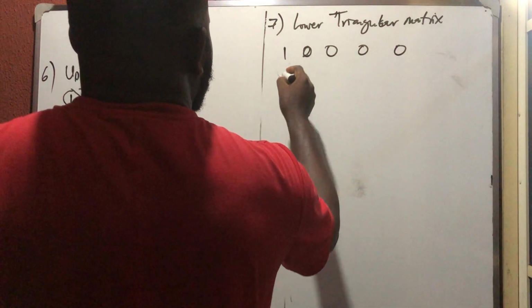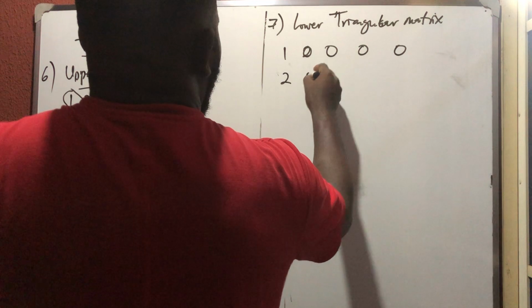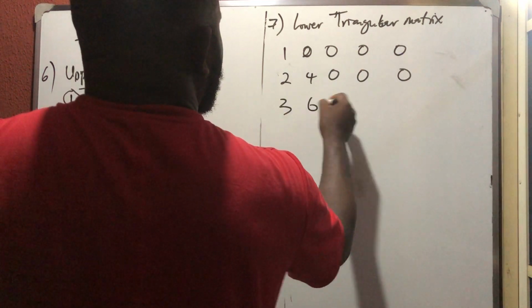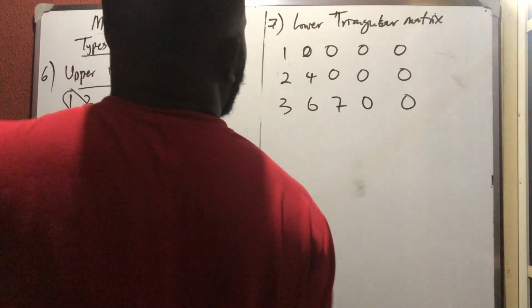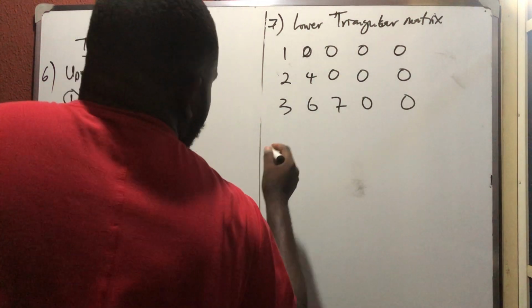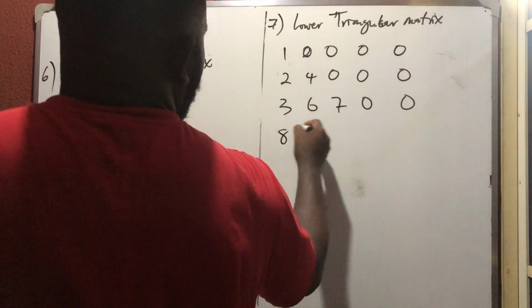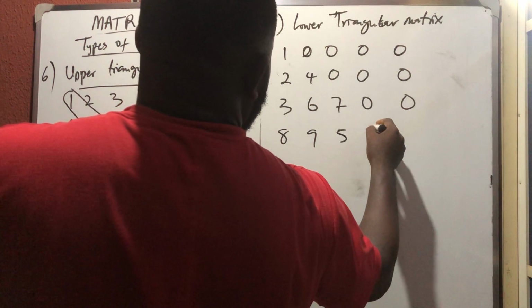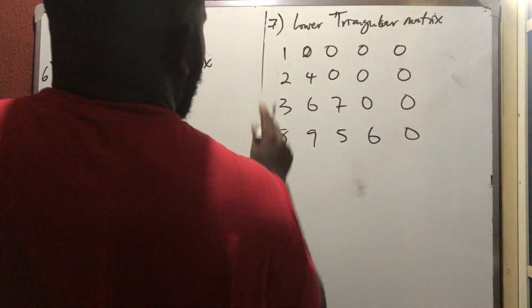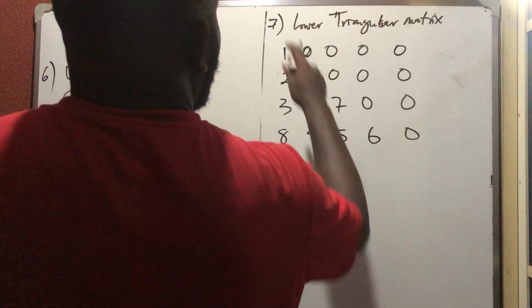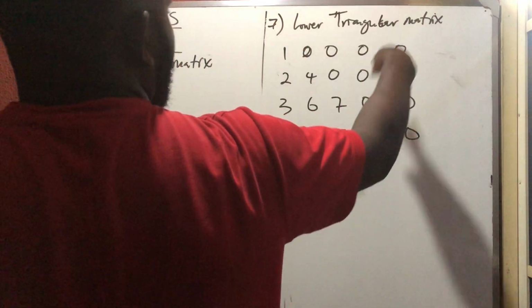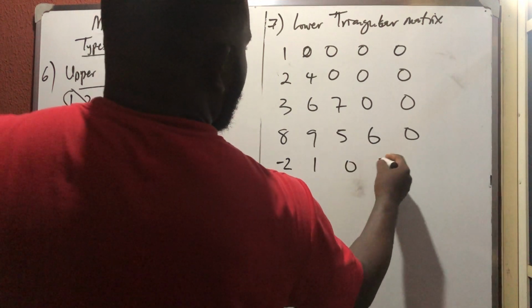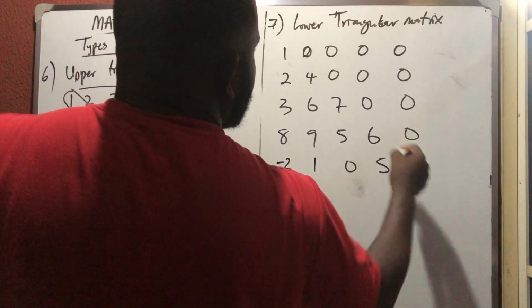Then here 2, 4, 0, 0, 0. Then 3, 6, 7, 0, 0. Then 8, 9, 5, 6, 0, and the remaining row, minus 2, 1, 0, 5, 6, something like this.